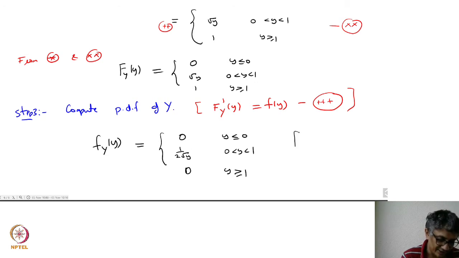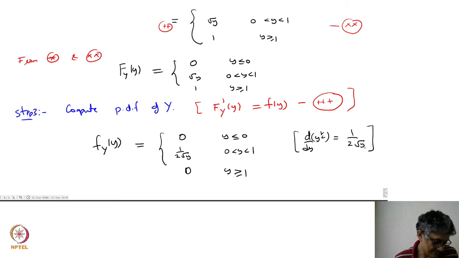That's easy to see: d by dy of y to the 1/2 is 1 over 2 square root of y. So now we have a PDF of this. It's 1 over 2 square root of y for 0 less than y less than 1, and 0 outside. So this is the standard formula procedure.